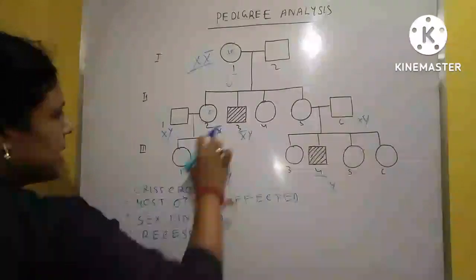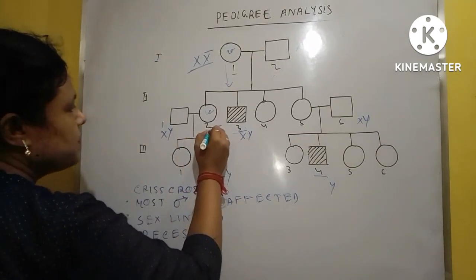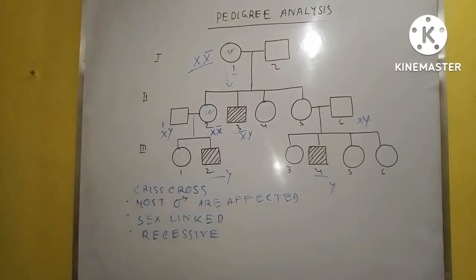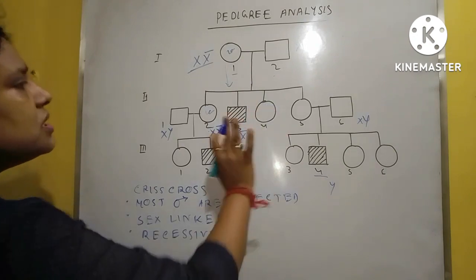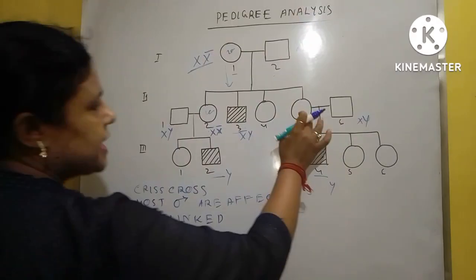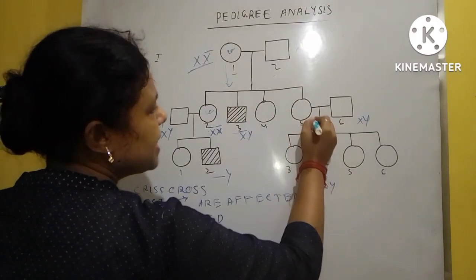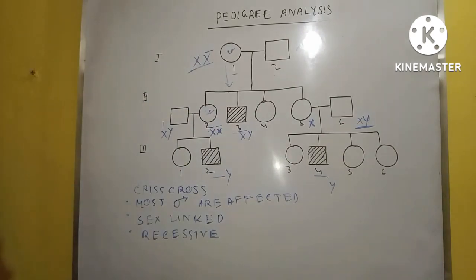And in case of the carrier, with one X present, one must be normal. Clear? Here we cannot identify whether it is a carrier or normal, because its generation is not seen. But here we can identify it is obviously a carrier, otherwise the male would be normal, as you can see here.